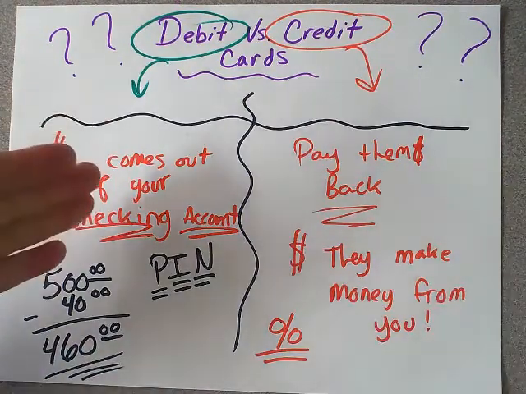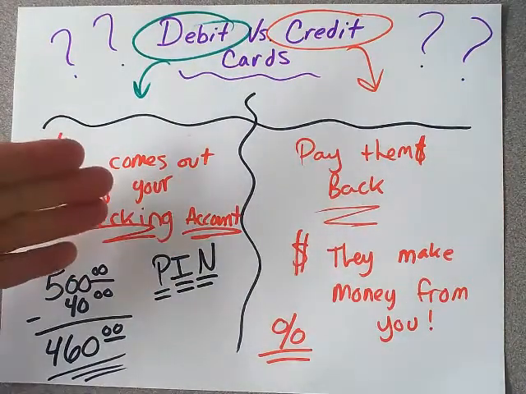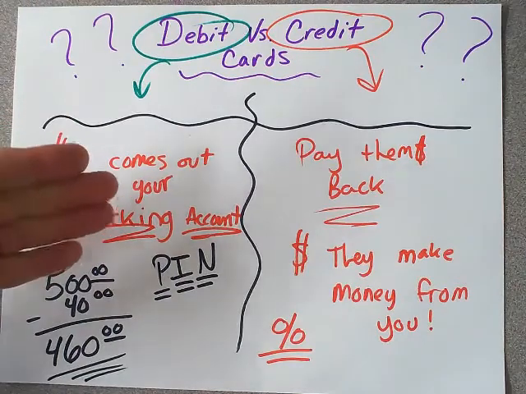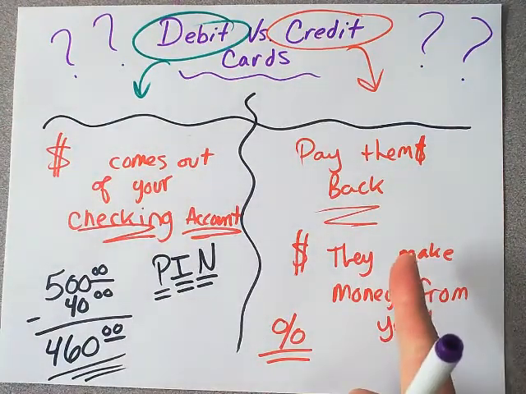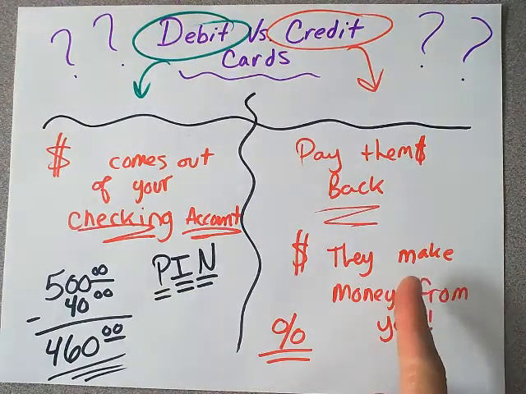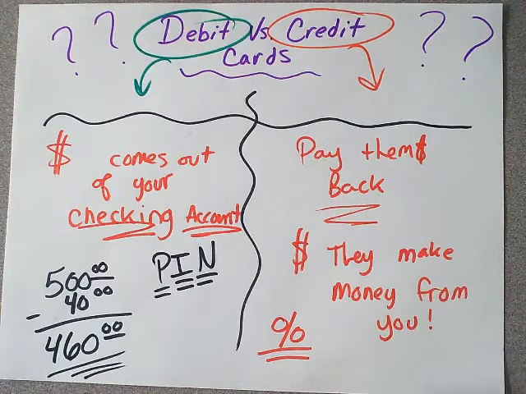So that would be a better instance for your debit card. Okay, if you can afford it, try to always use your debit card if you can afford it. Okay, credit card would be for special circumstances. Maybe if money is tight right now, or if it's a bigger purchase and you don't want to completely get rid of all your funds in your checking account.